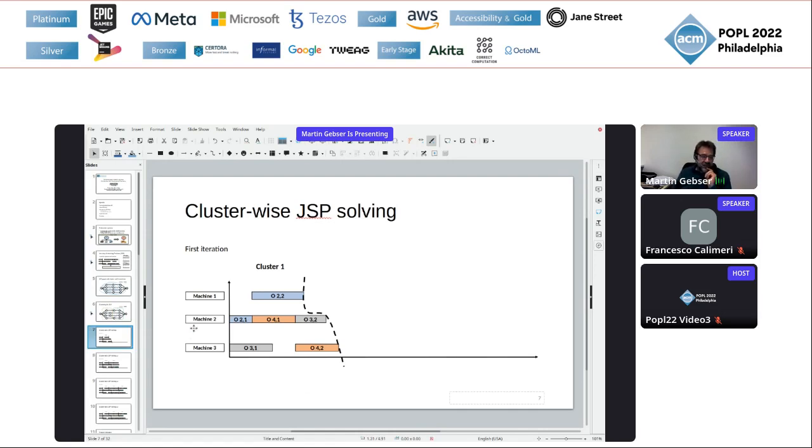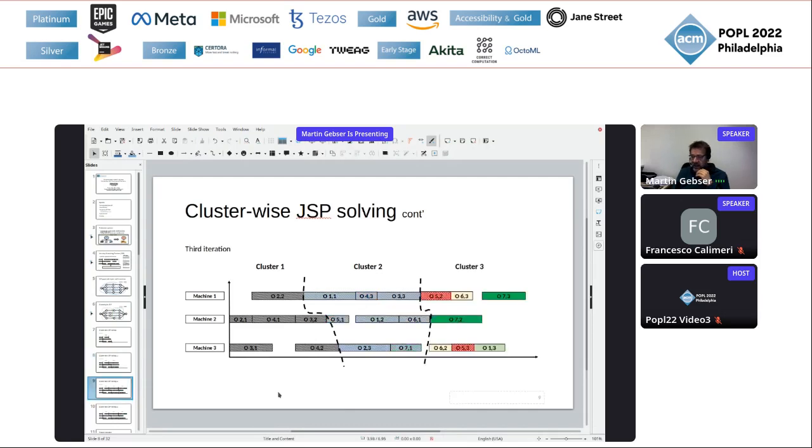Once we have done this with the clustering, just at the intuitive level, just to show roughly what then happens, we can take the operations of a first cluster. We schedule them as well as we can to minimize the makespan, and then we can go on like this for another portion of the operations. And then what simplifies it is that the first part of the schedule is fixed, and we schedule what comes in addition, and so on, as often as we want or need.